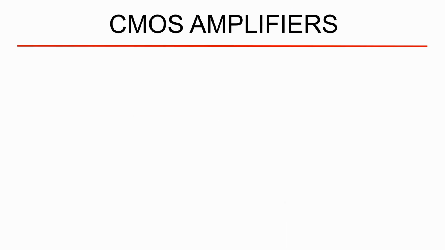So here, this is an NMOS transistor, and this is the gate, this is the drain, and this is the source. And we're going to use this simple model for a small signal.